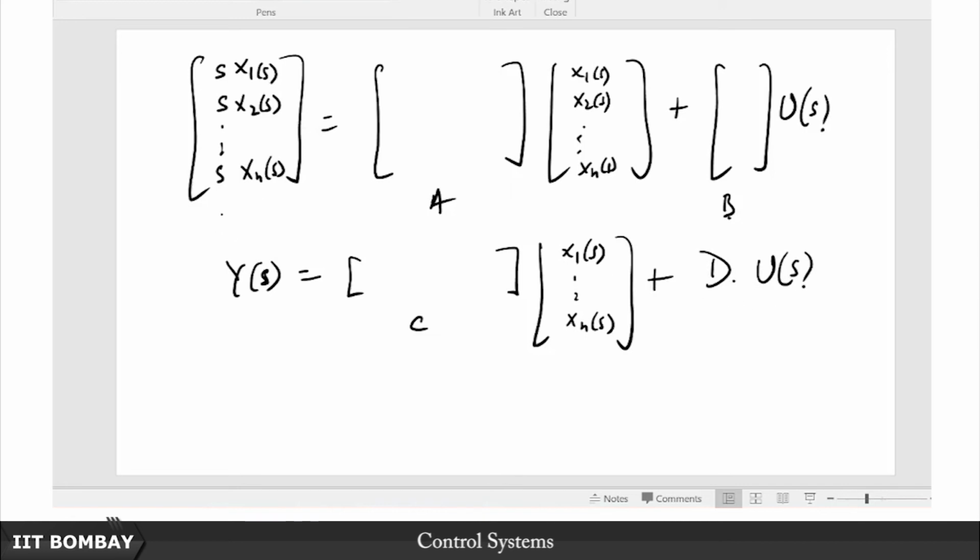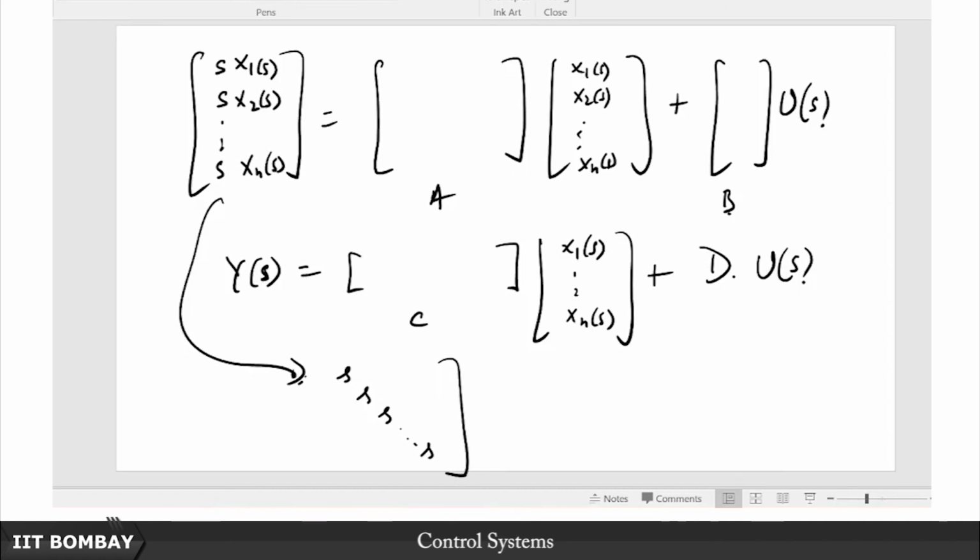So what is this matrix? What can we write this as? Notice that this is nothing but S, S, S, like this sort of a matrix times x1s, x2s, dot dot dot till xns. This matrix is what I am talking about.